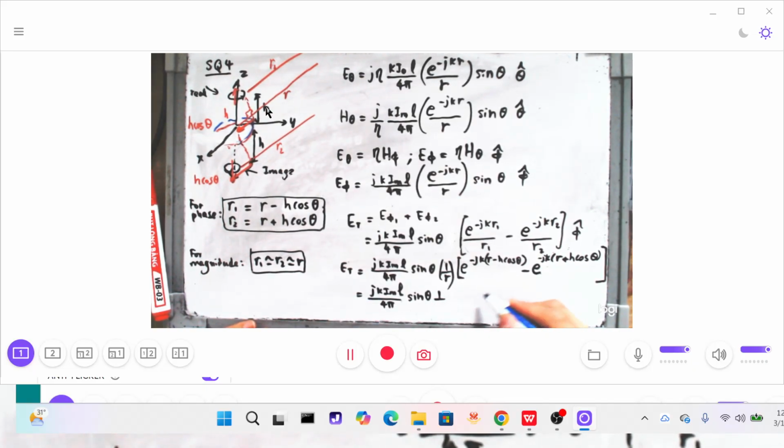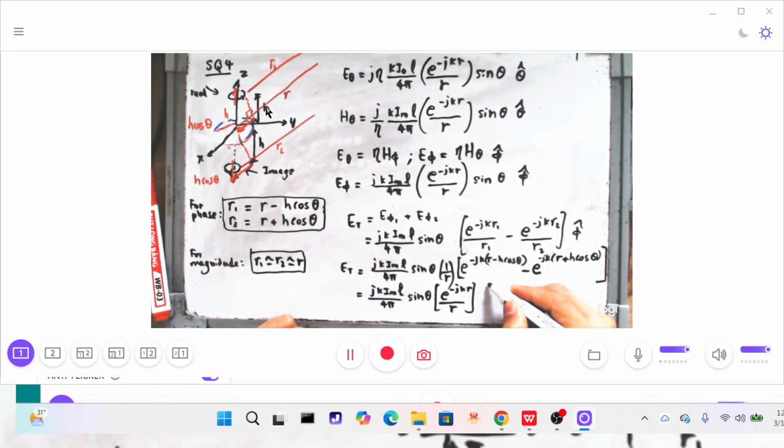And remember, I have just said that both terms have e to the minus jkr divided by r. So they are both common.